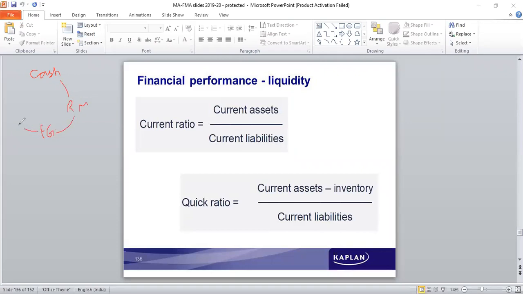Then the finished goods will be converted into credit sales, what we call accounts receivable. At the end of the credit period, the customers pay and then cash is realized. So there is an investment to be made into the operating cycle. Cash is blocked in the operating cycle.